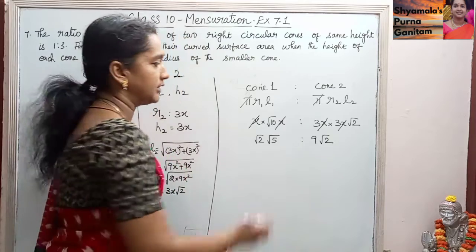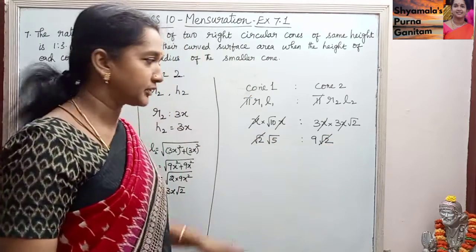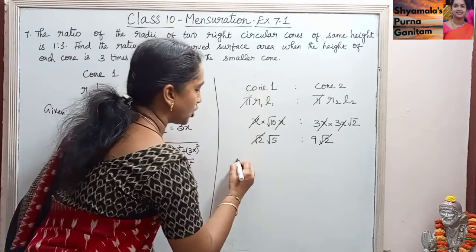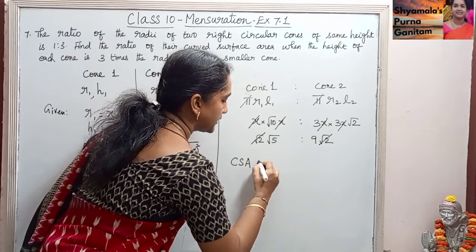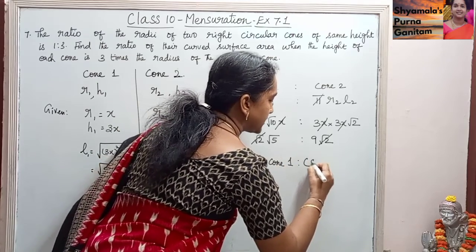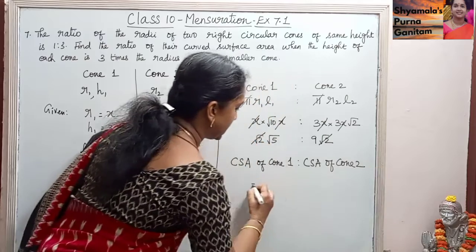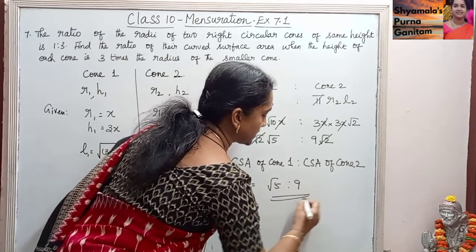Root 2 and root 2 will get cancelled. So the ratio we are getting is CSA of cone 1 to CSA of cone 2 is equal to root 5 is to 9. So this is the ratio.